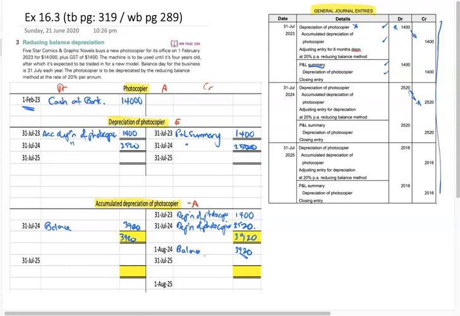31st of July 2025, we are again going to do our 2016 here to record the depreciation and close it off. We are again going to record our asset going down 2016 with depreciation of photocopier.